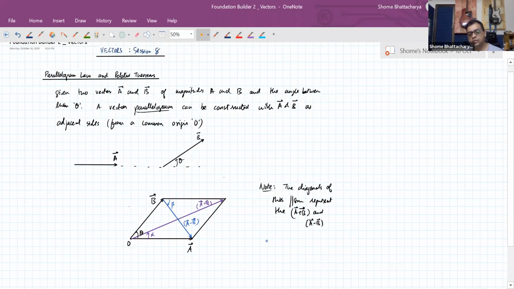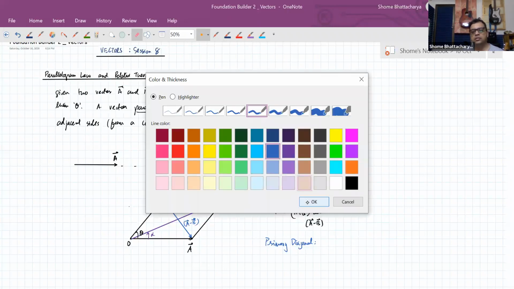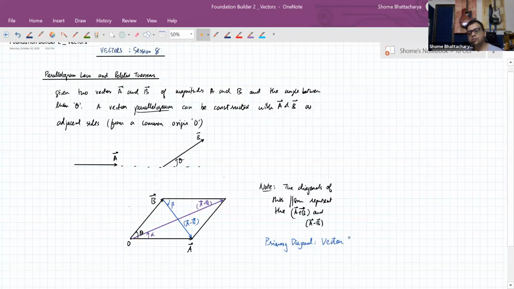So the primary diagonal, that is the one from the common vertex to the opposite vertex, okay, the primary diagonal drawn as the vector from the common origin of the two vectors O to the opposite vertex, this becomes the sum.